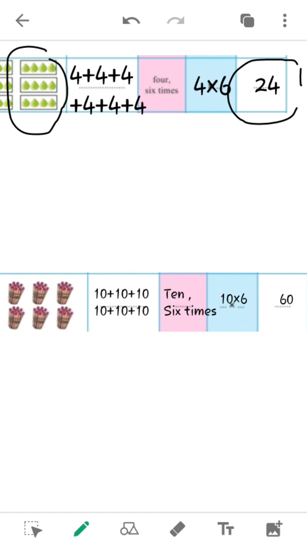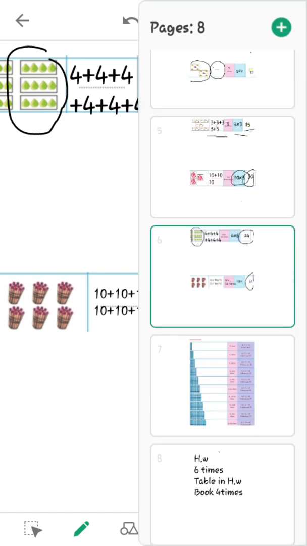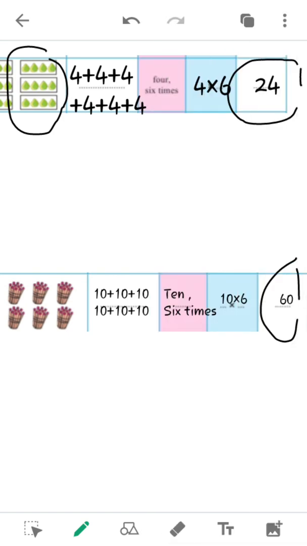How many times? 6 times. So as written in multiplication way, 10 multiplied by 6 is equals to 60. 10 6s are 60. So the total number of objects is 60. Do this activity in your notebook.